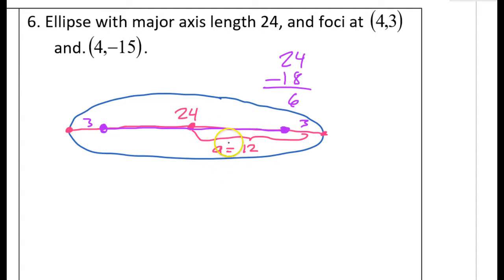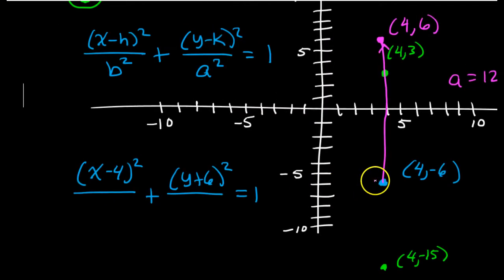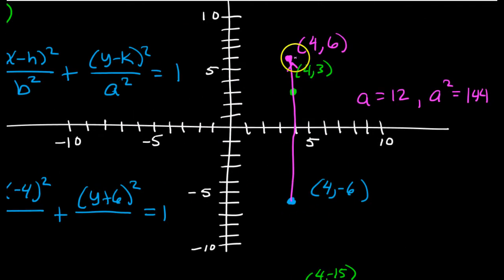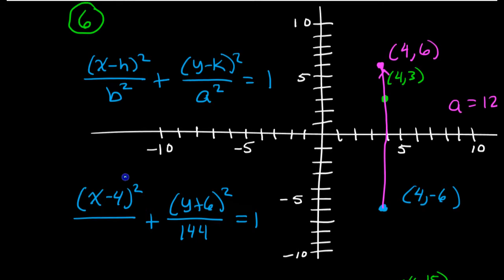So we knew the a value was going to be 12. So my a value is 12, which means that a squared is 144. Okay, so notice that this a value is vertical. That's the y direction. So my 144 will definitely go with the y term. So all I need now is my b, or my b squared.